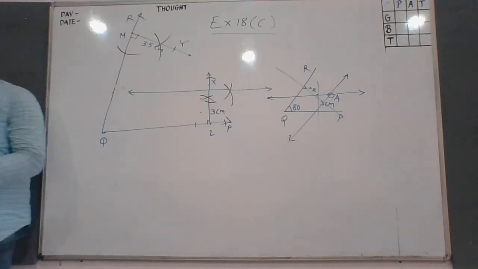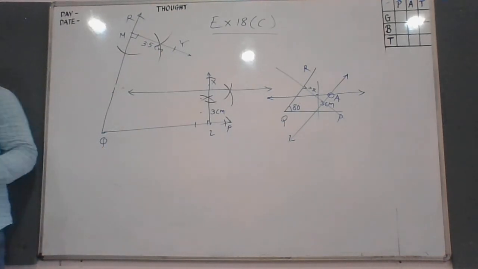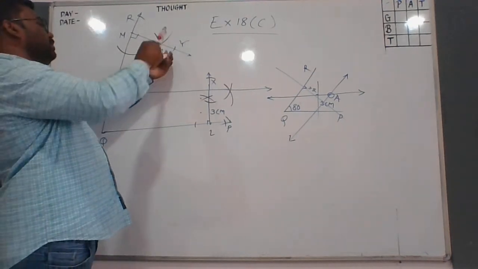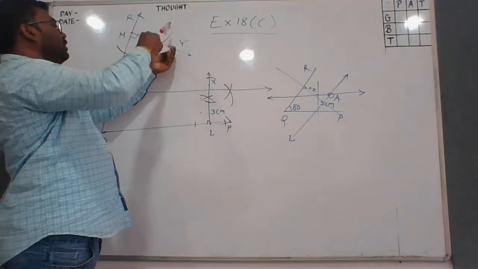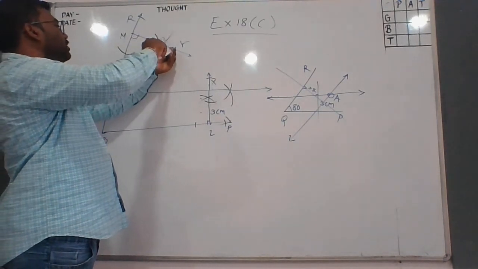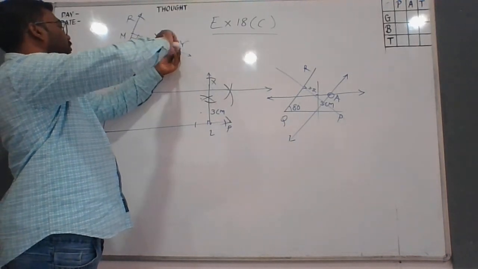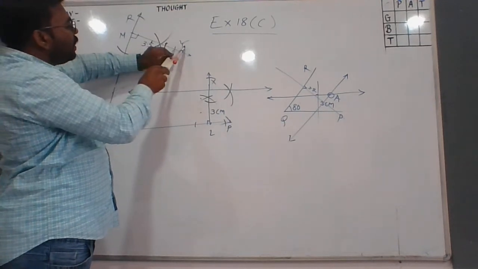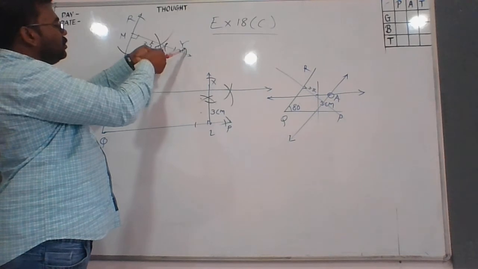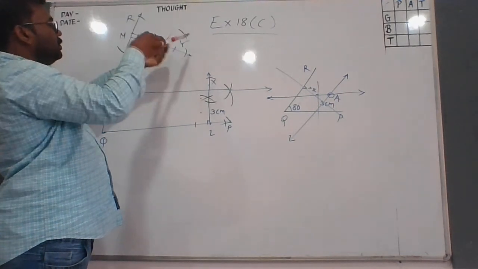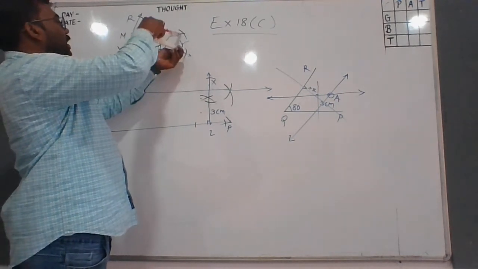Now from this point Y, again we will draw the parallel line. Suppose Y is here, we will draw the parallel line. For that, this type of construction is needed. First arc and it is second arc. Taking more than half of these two arcs, it will be like this.